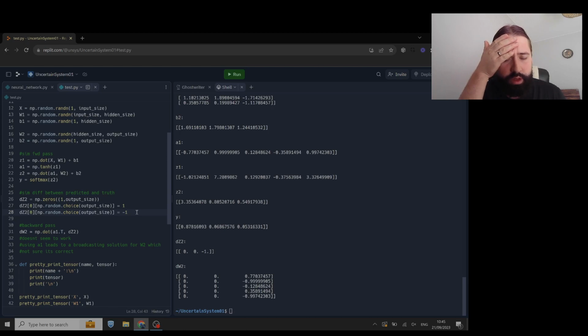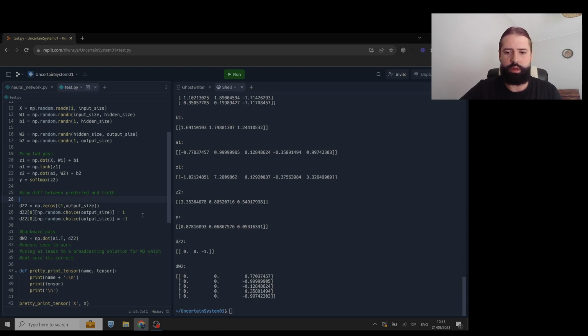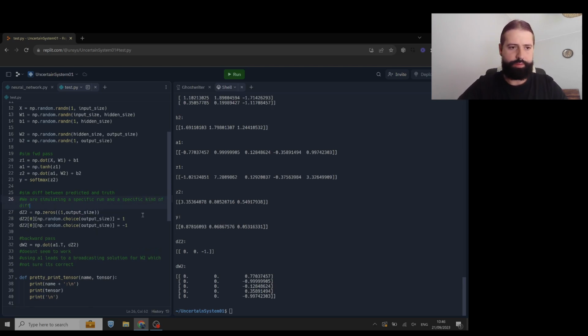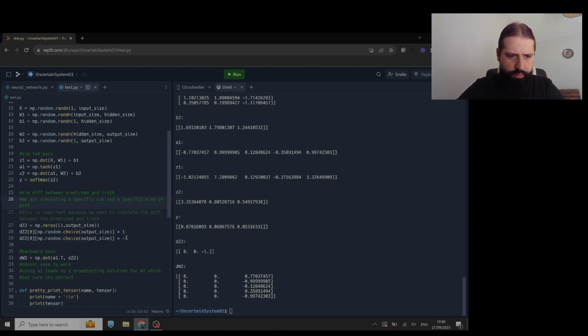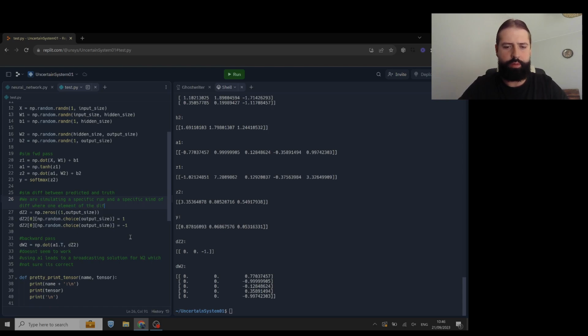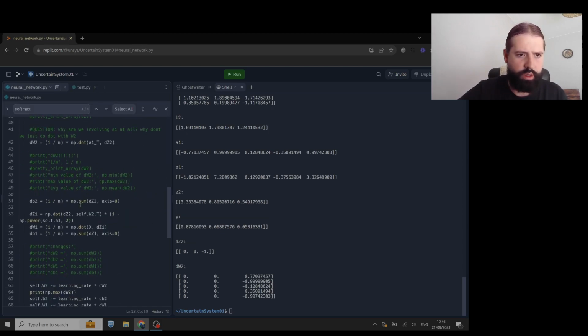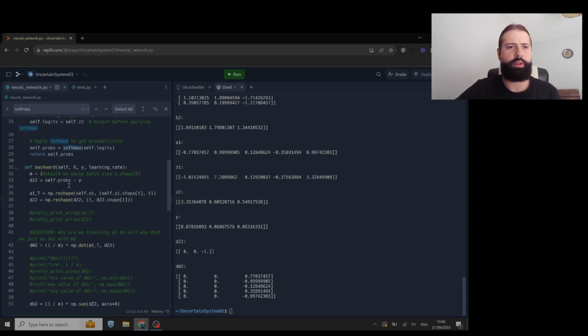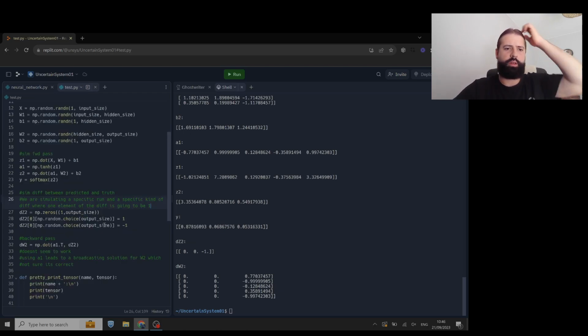So here we're simulating, first of all, a specific run, and a specific one where one element of the diff is going to be 1, because essentially the diff is saying the probabilities minus the truth, the predictor minus the truth.